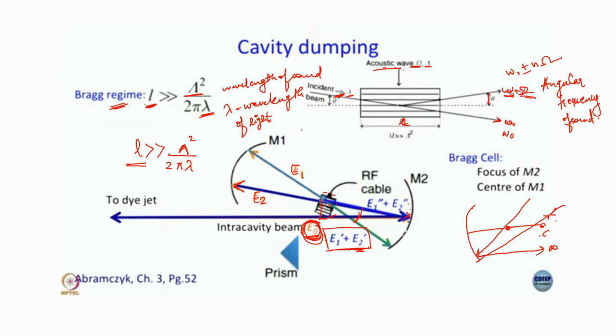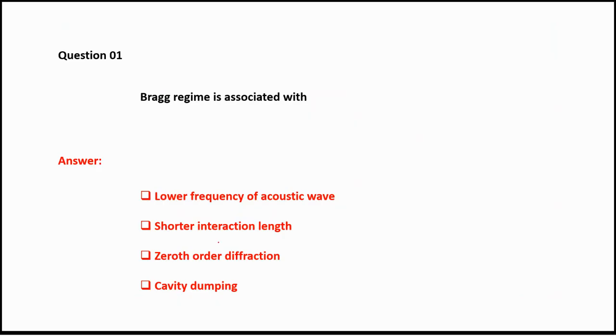L is the interaction length. As you can see from the relation, L should be greater than this value. As this is an MSQ, it can have two or more right options, or one or more right options. First of all, it is associated with a longer interaction path and not a shorter interaction path. Got it?